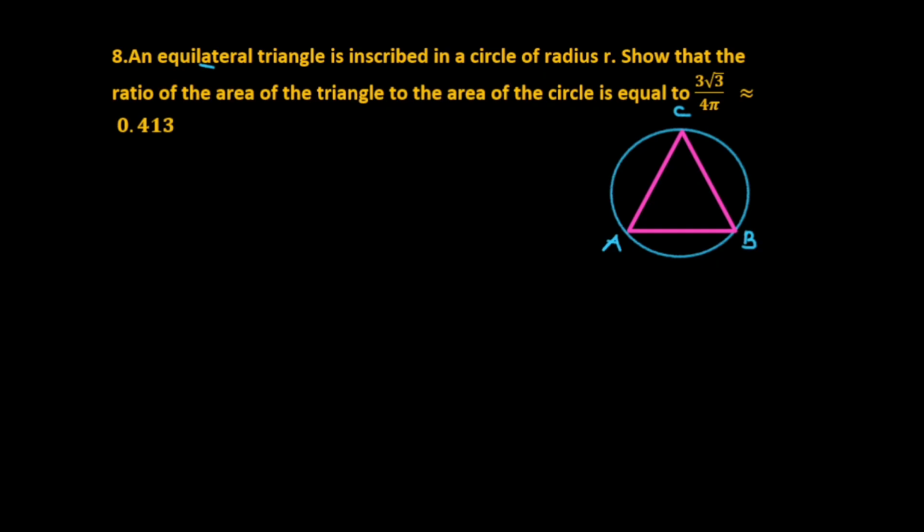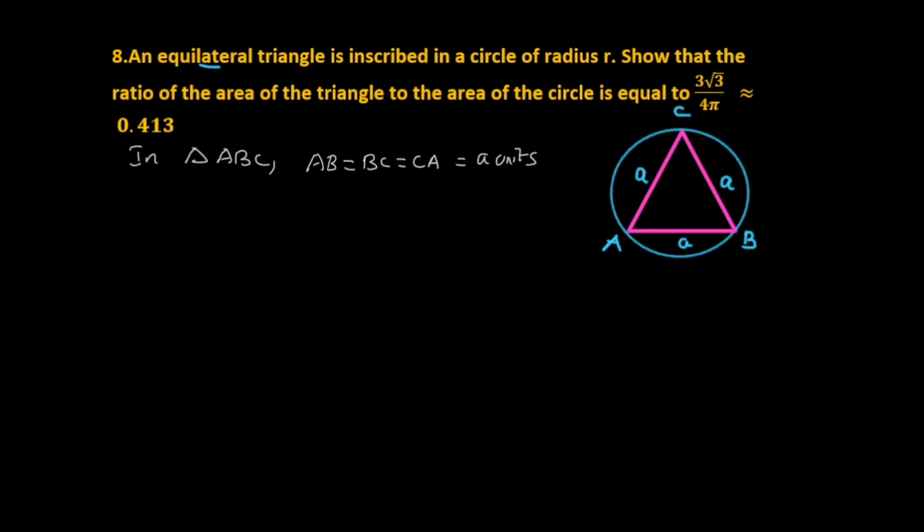Now ABC is an equilateral triangle. So we can consider all the sides as A. In triangle ABC, we take side AB is equal to BC is equal to CA is equal to A units. We are considering side length A units.